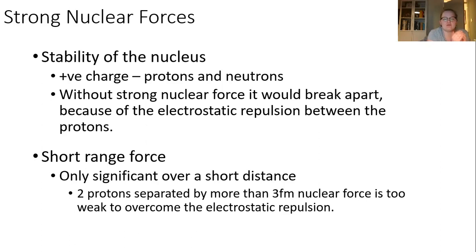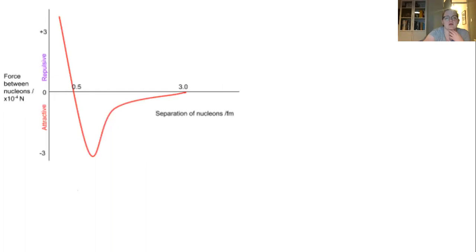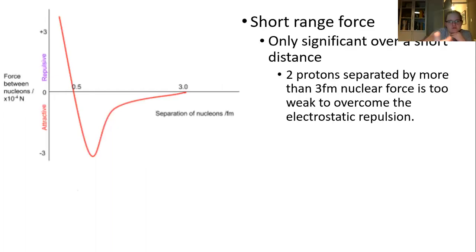It only works over a really short range, which is important because otherwise it could have an impact further out on how it reacts with the electrons in the atom. Here is a graph showing this nuclear force. It shows that it's a short range force, and anything further than 3 fm is too weak to overcome the electrostatic repulsion.